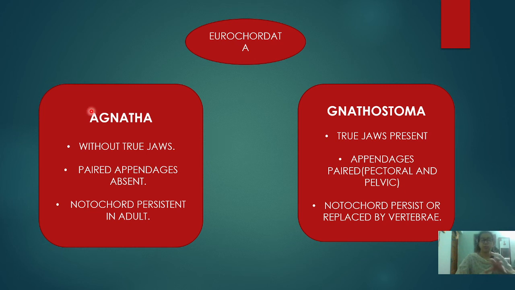The features of Agnatha we will discuss in the later part. And what is Gnathostomata? Gnathostomata have true jaws, that is Pisces, the fishes, and tetrapods, that is the amphibians, reptiles and mammals. These all belong to the Gnathostomata category.